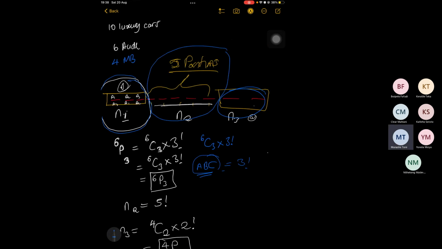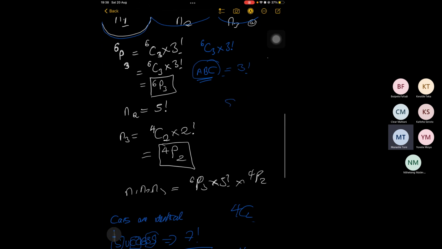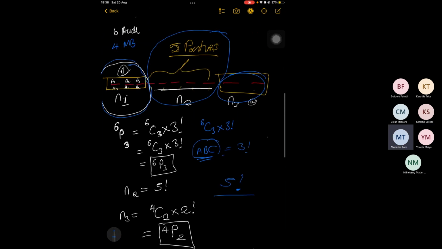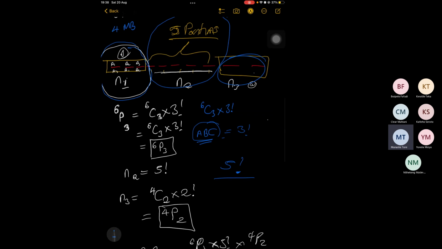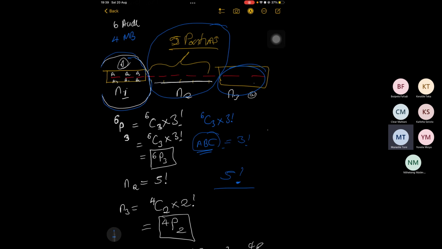Then for the middle part, we have 5 positions. But the 5 positions are being occupied by how many of each? How many Audi cars do we have amongst the 5 positions? Because we already eliminated 3 here, since you say the first 3 are Audi cars.